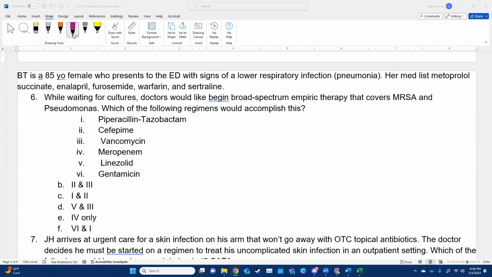So let's look at piptazo. What does piptazo cover? Everything, right? Super broad spectrum. So with piptazo, we have good gram-positive and pretty good gram-negative coverage. Primarily, what are we going to be using piptazo for?